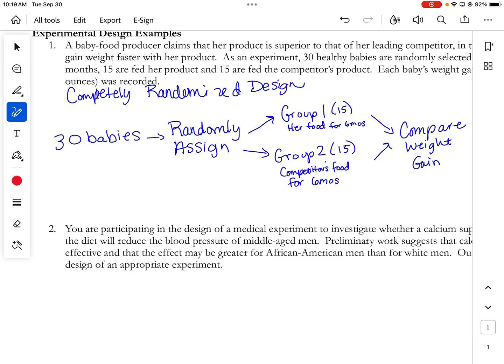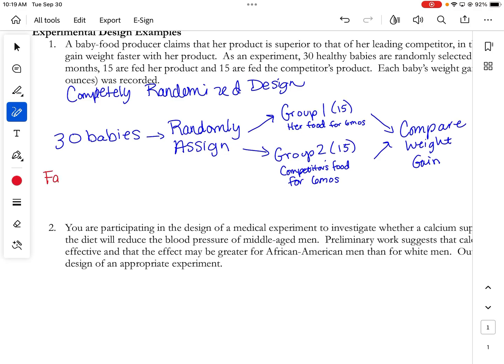Okay, so let's identify different things about this. All right, so we have, it's a completely randomized design. We have the experimental units, which are our subjects. And then we have the factors, would be the two types of food.